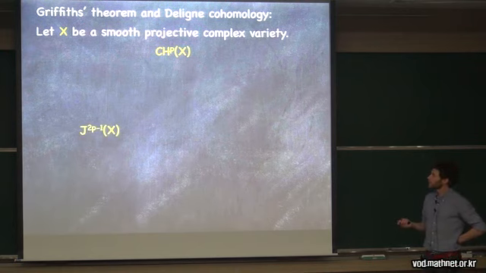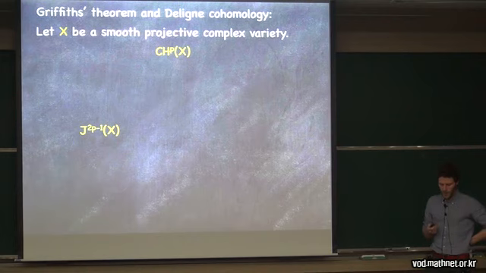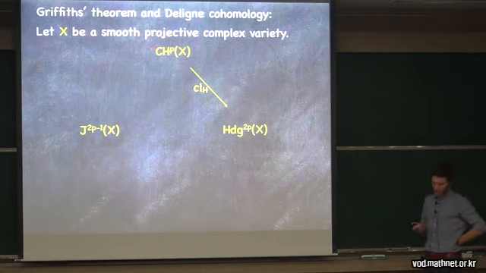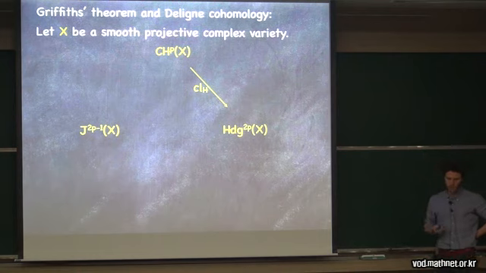We just defined the torus, this Griffiths intermediate Jacobian. But there are several other interesting groups associated to the CH^p of X, which is also called the Chow group of X. There's a classical cycle map for Chow groups, and that associates to any codimension p subvariety a class in the singular cohomology of the underlying topological space.